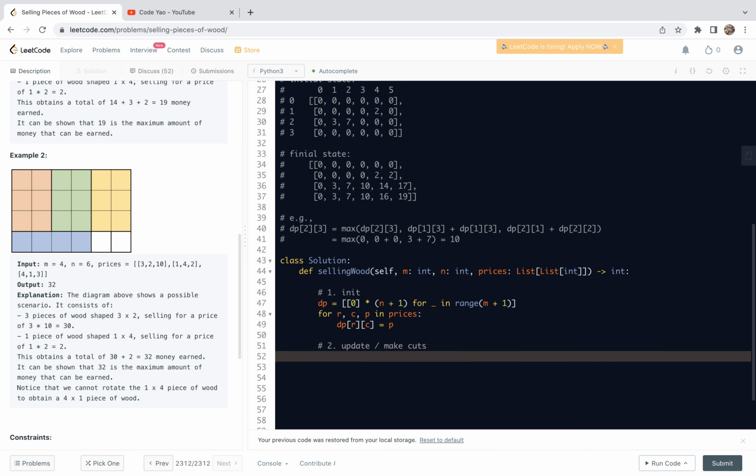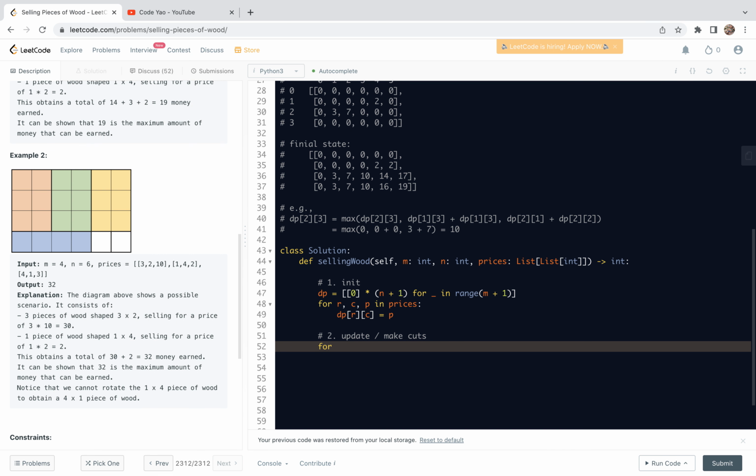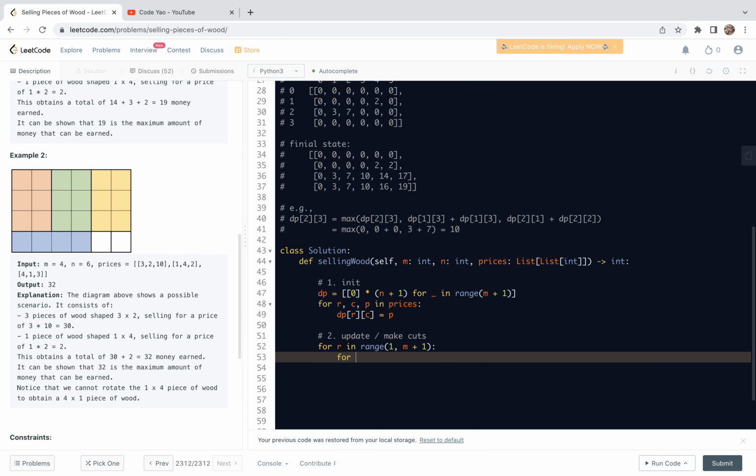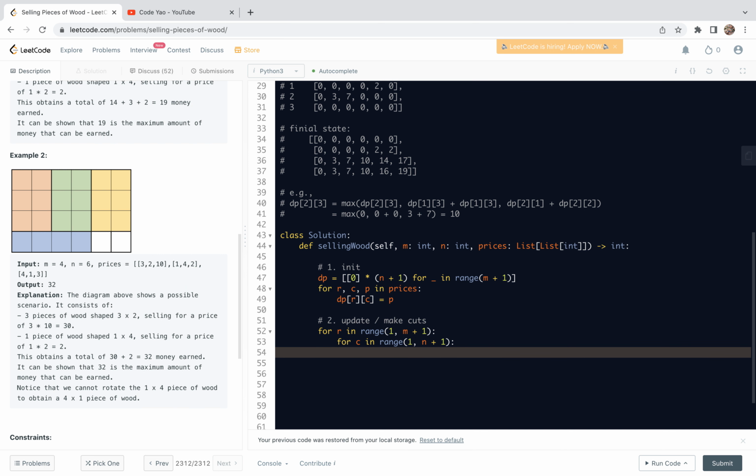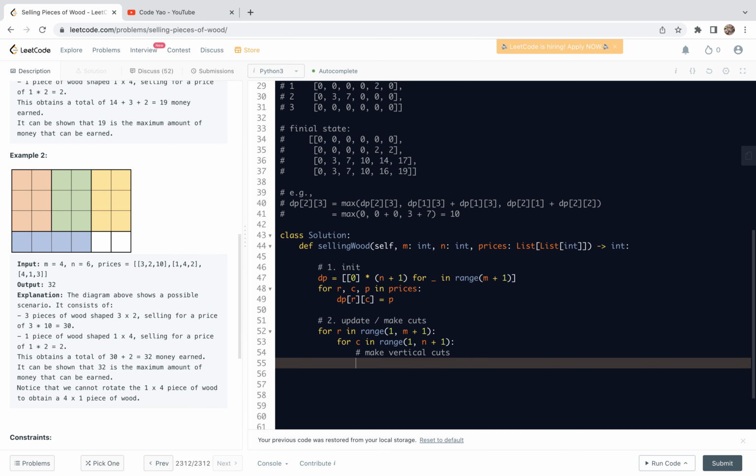Now let's look at the update using the recursion relation corresponding to making cuts. For this, I'm going to iterate over the remaining table indices. So for r in range 1 to m plus 1, for c in range 1 to n plus 1. Then first let's make vertical cuts.